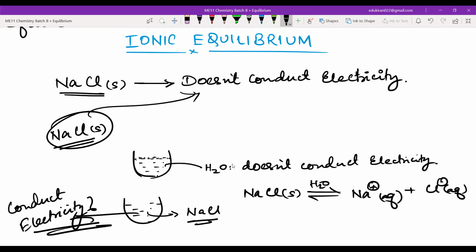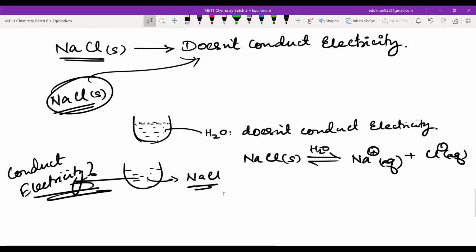Now we have these two charges, Na plus and Cl negative, and by the virtue of the movement of these ions, the electricity is also flowing. So this was the first step towards the field of ionic equilibrium.